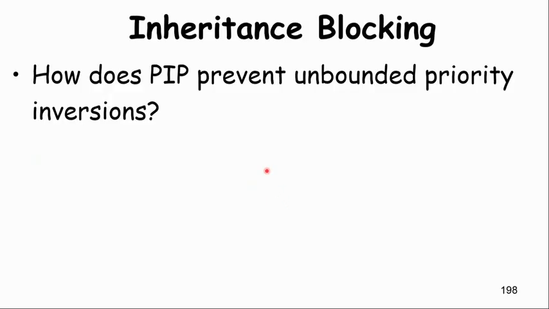But then let us look at the problem it creates and the problem it solves. It solved the problem of unbounded priority inversion. But how does it solve the unbounded priority inversion problem?